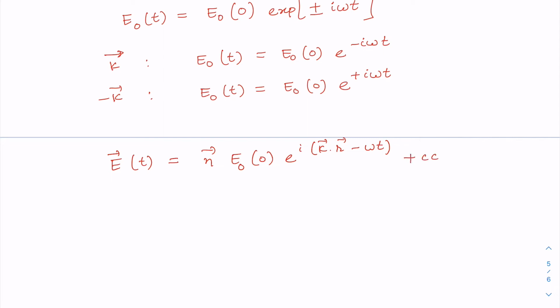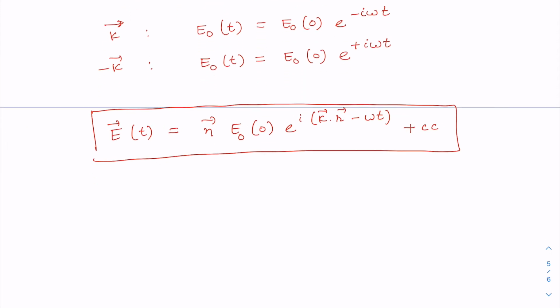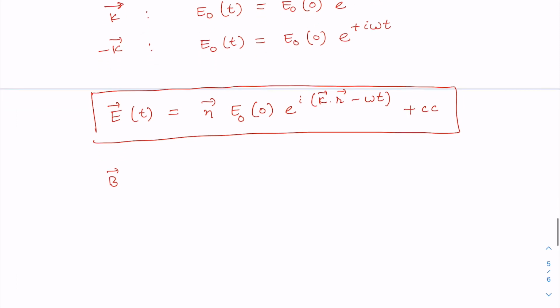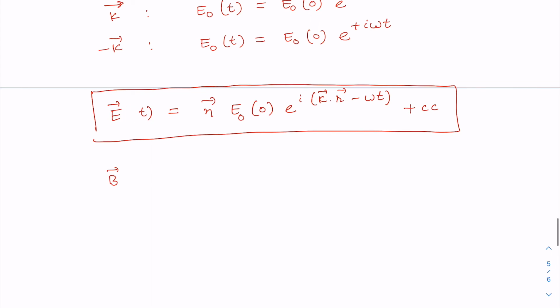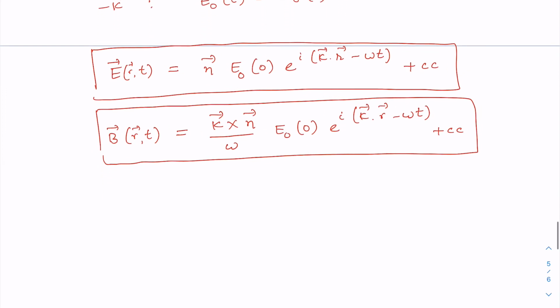This is the expression for the electric field, one mode we are considering, and the corresponding magnetic field, you can easily show, would be k cross eta by omega E0 0 e to the power I k dot r minus omega t plus the complex conjugate. So what you see here is that both the electric and the magnetic field are in phase.